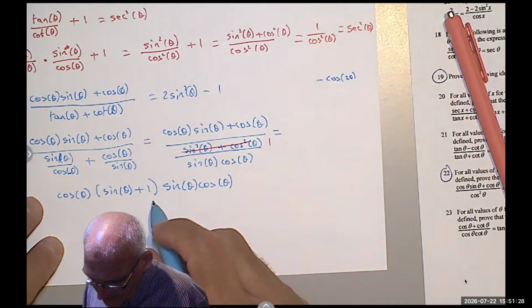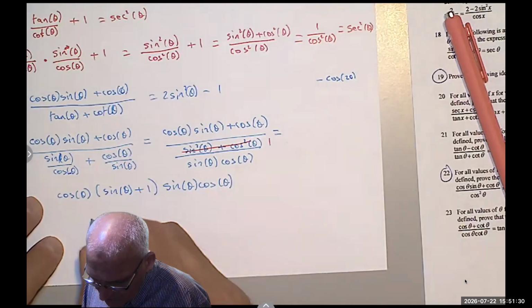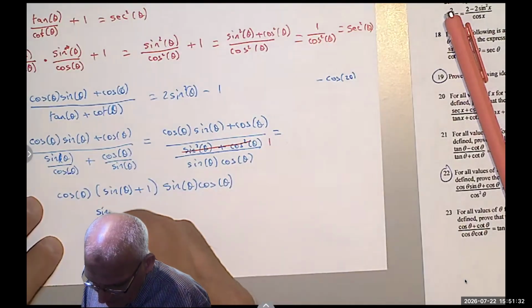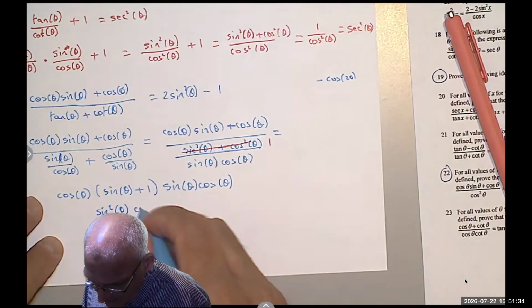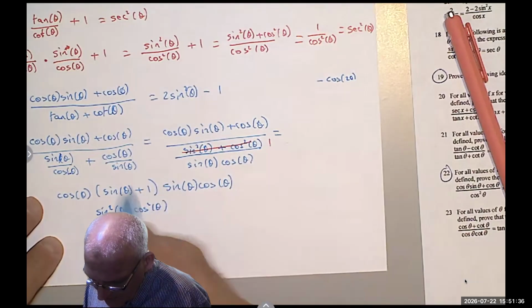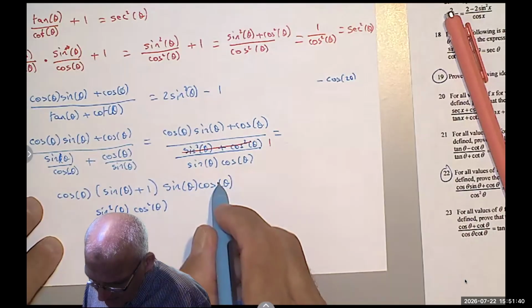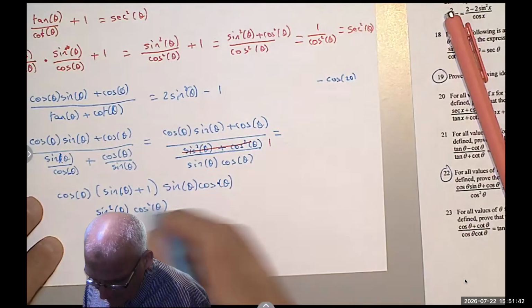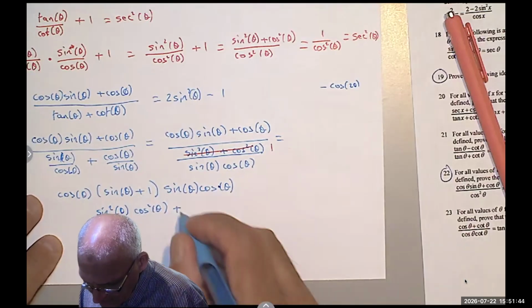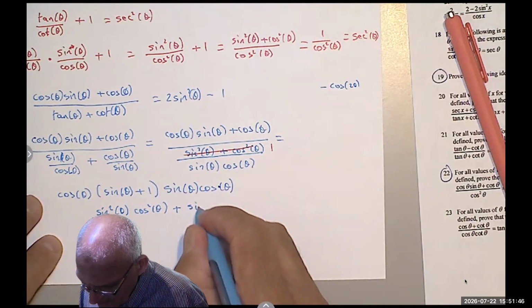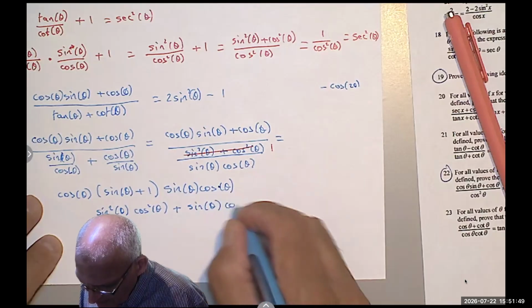If I distribute the sine, so I get sin²θ cosine²θ, which when I multiply this by this, and by that, plus sin² cosine²θ.